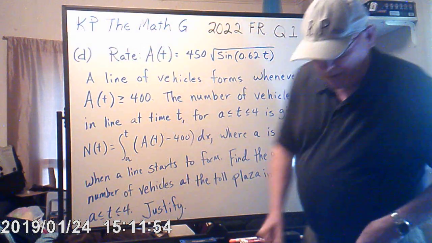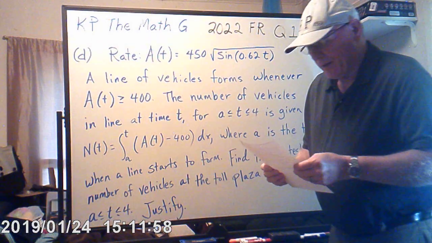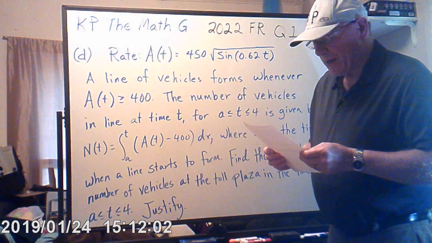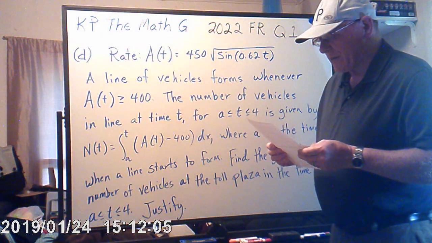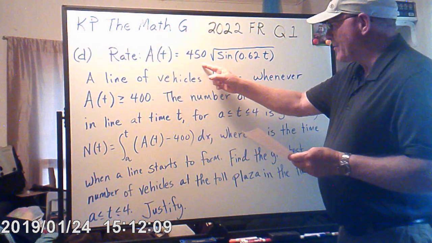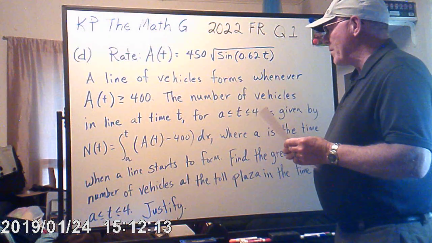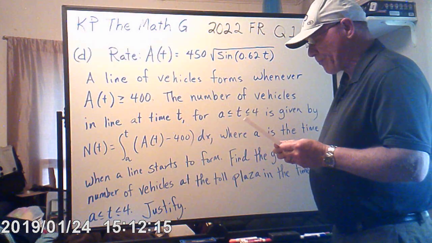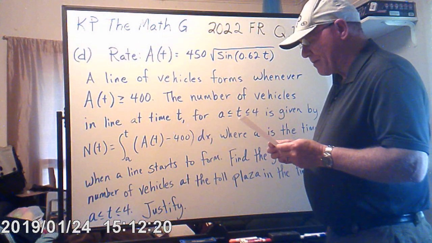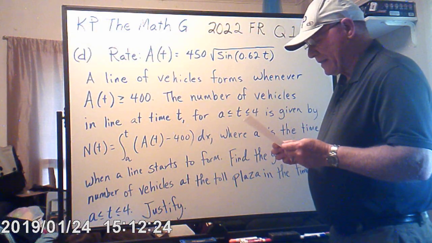I kind of abbreviated this, so I'm going to read this out to you. It says, from 5 a.m. to 10 a.m., the rate at which vehicles arrive at a certain toll plaza is given by A(t) equal to 450 times the square root of sine of 0.62t, where t is the number of hours after 5 a.m. and A(t) is measured in vehicles per hour.